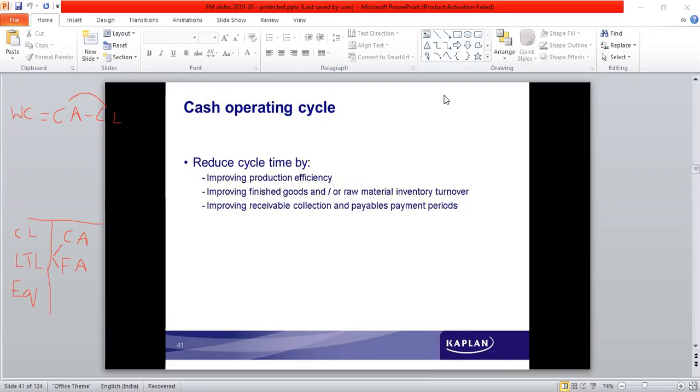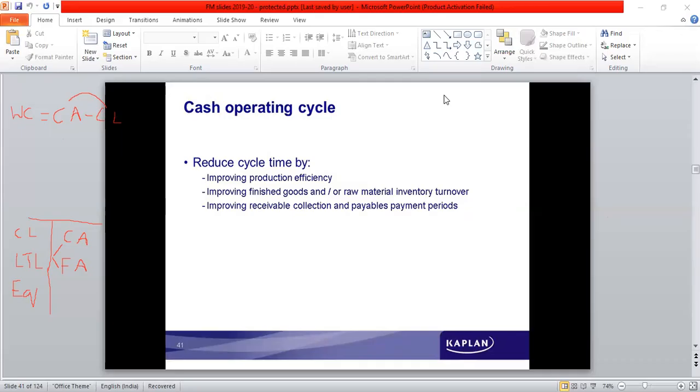So only when sales happen, there is a possibility of earning a return, there is a possibility of getting the cash. So the cash which is invested into inventory should be very quickly converted into turnover or sales. So that is how they would be able to reduce the operating cycle period.